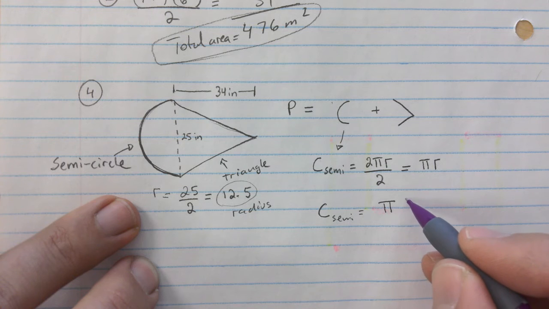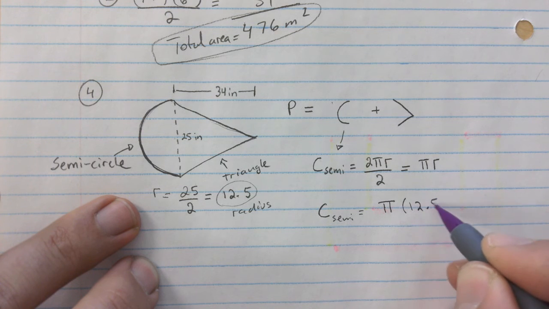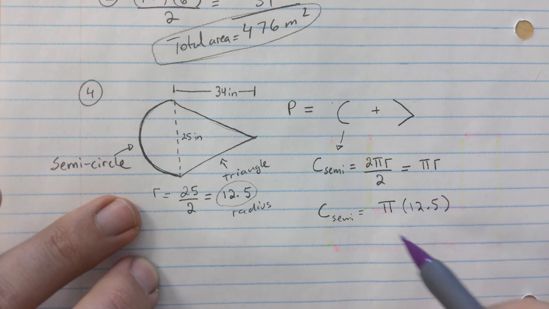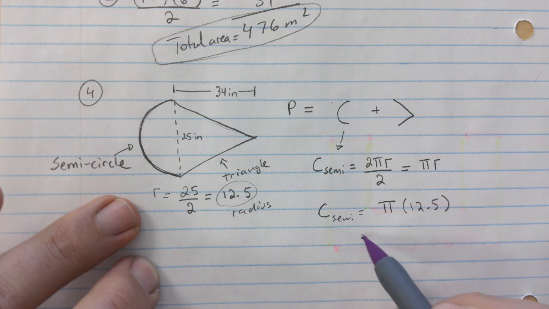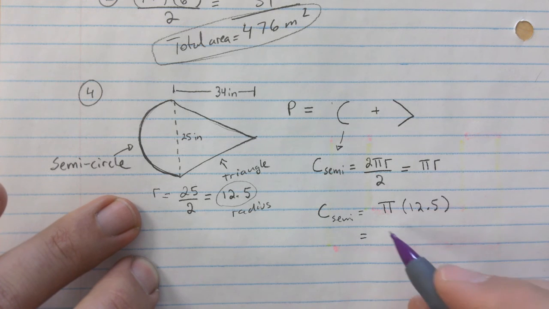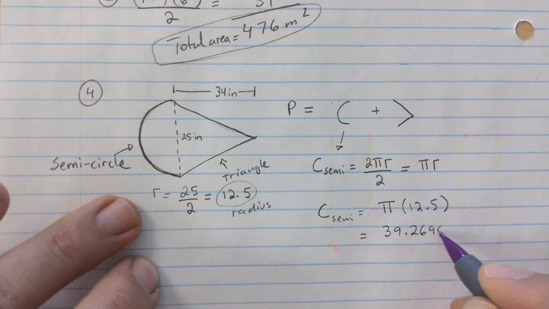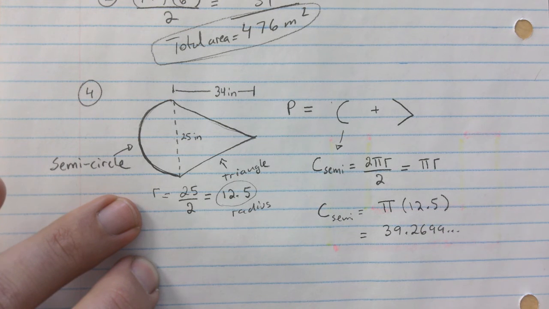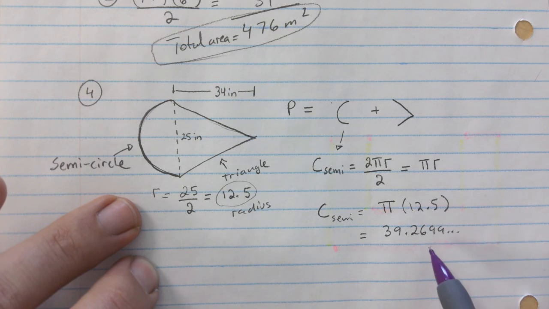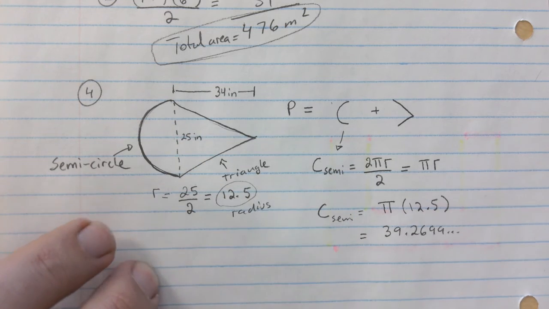So you put down 12.5 here and then multiply it. Use 3.14159, if you don't have a pi button. So that's what you get for the semicircle here.